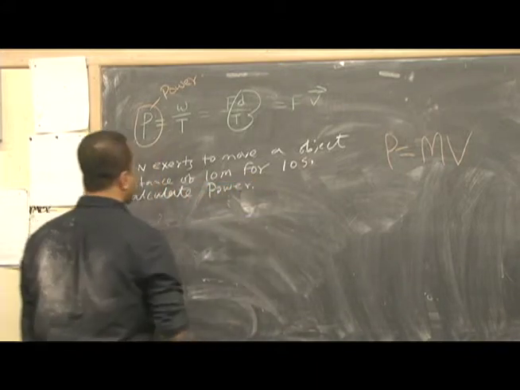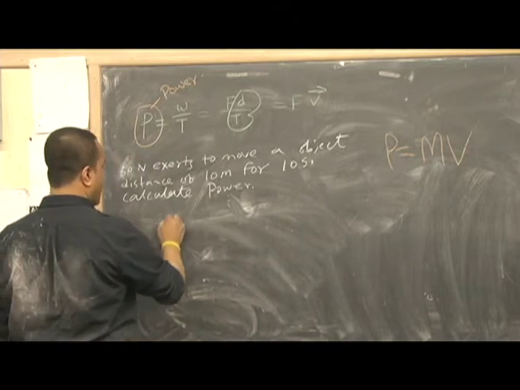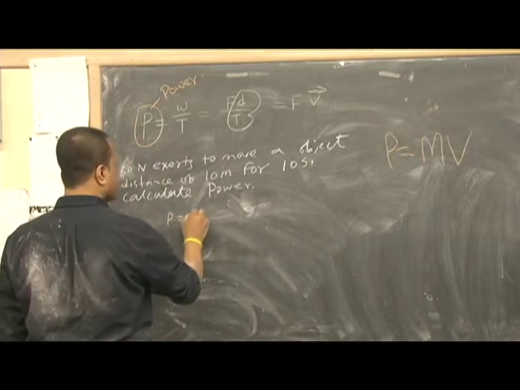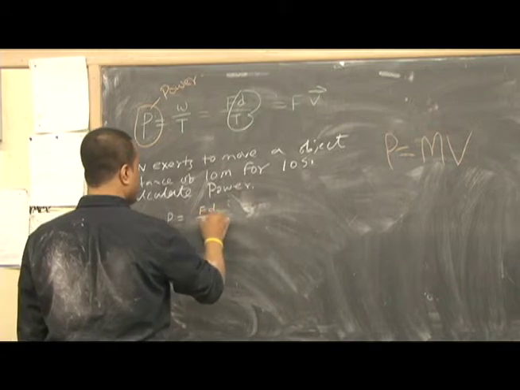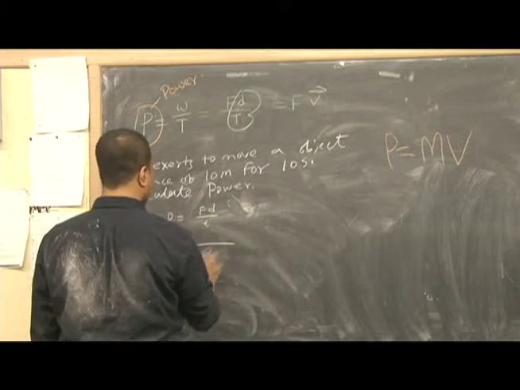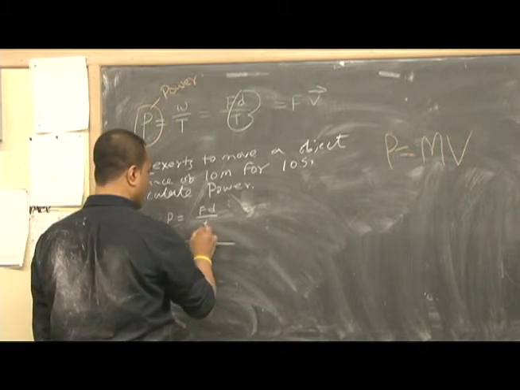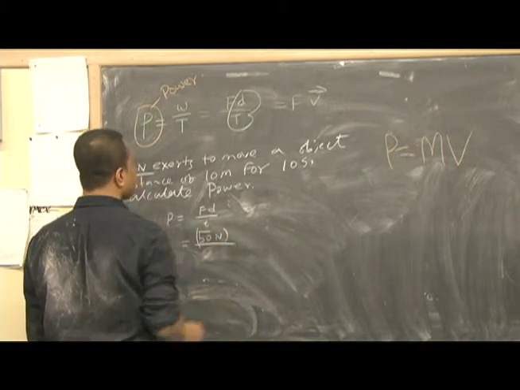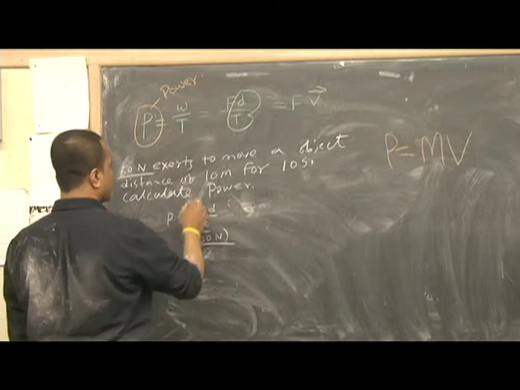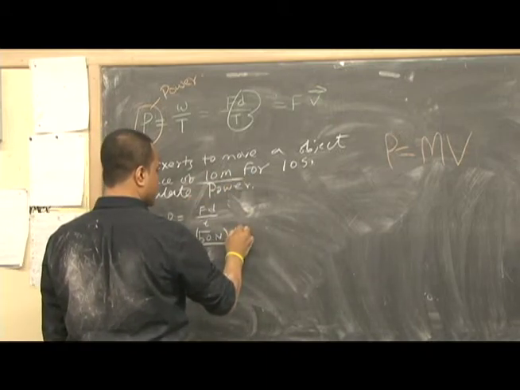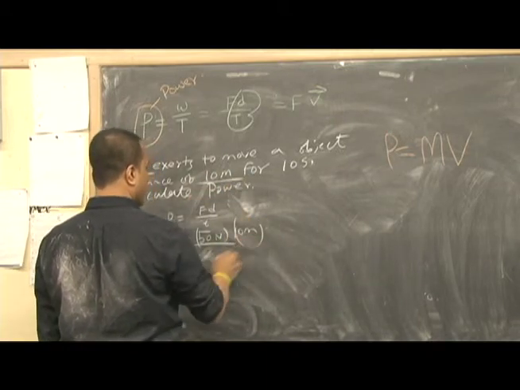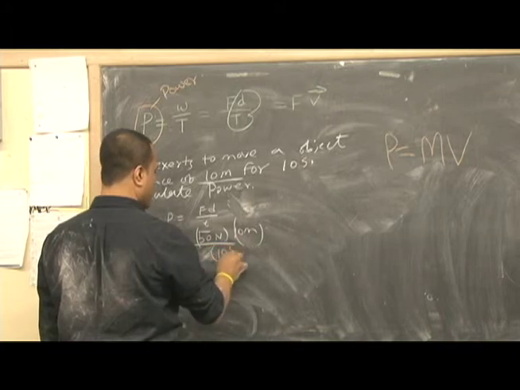Okay, let's see. So power is Fd over T. So F is 50 Newton, and d is distance, 10 meters, and T is 10 seconds.